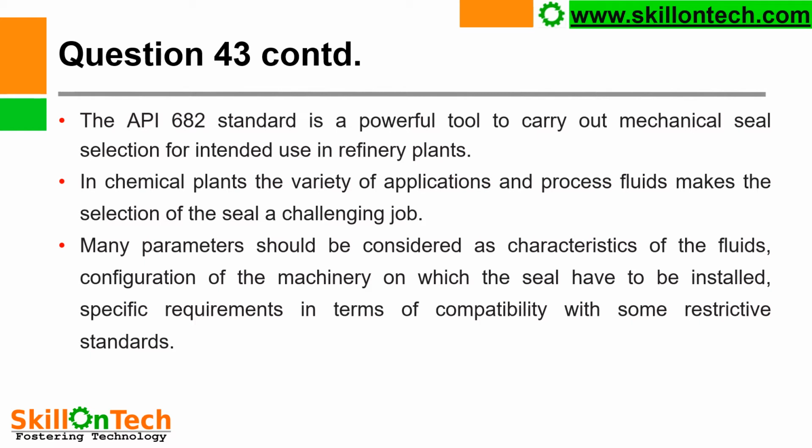Many parameters should be considered, such as characteristics of the fluid and configuration of the machinery on which the seal has to be installed, and specific requirements in terms of compatibility with some restrictive standards. In coming videos, various configurations and logics of the API plans will be explained, and it becomes more interesting to know how the barrier fluids are provided in the double mechanical seals.